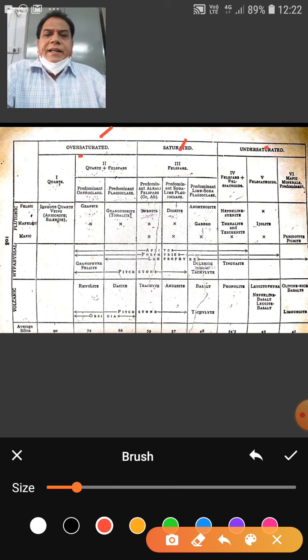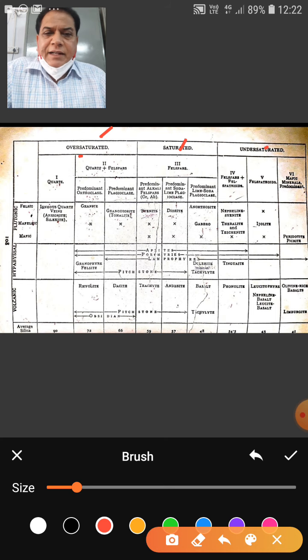So this is the basis or the concept of the nomenclature of the rocks that he has taken on the combination of different bases of classification in tabular form.